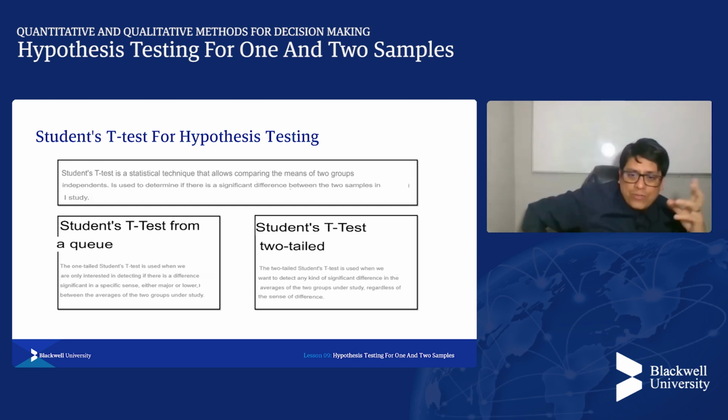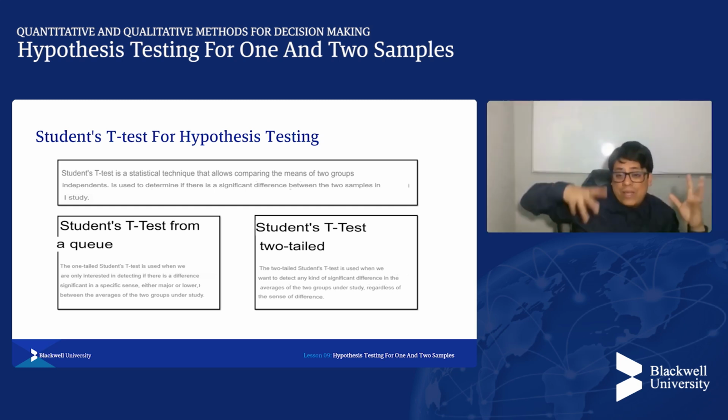But what would happen, for example, if I don't necessarily want to show that one is greater than the other, simply that they are different? For example, I want to know if people with different study habits have different performances. There are some people who study with videos and others who study with books. I would like to know if the study habit somehow generates better or worse academic performance.